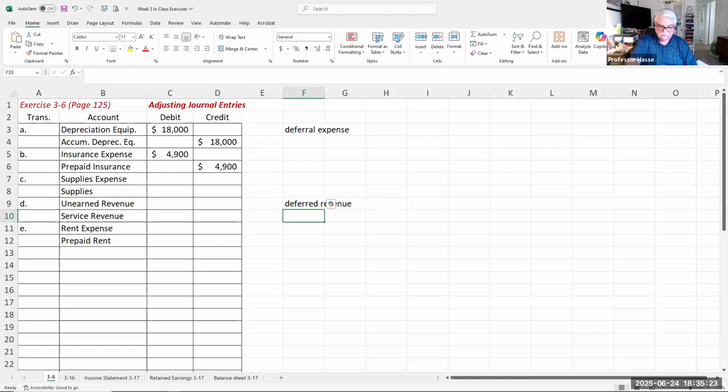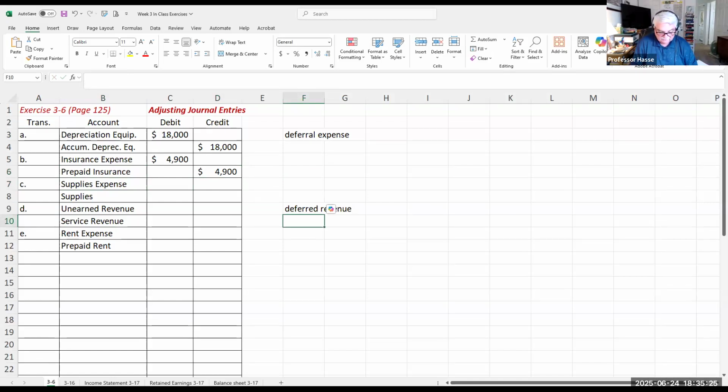Okay, the next transaction, transaction C. Here's a deferral of expense as well. The supplies account had a $700 debit balance at the beginning of the year. $3,480 of supplies were purchased during the year, which now brings the total to $4,180 of supplies available to use.